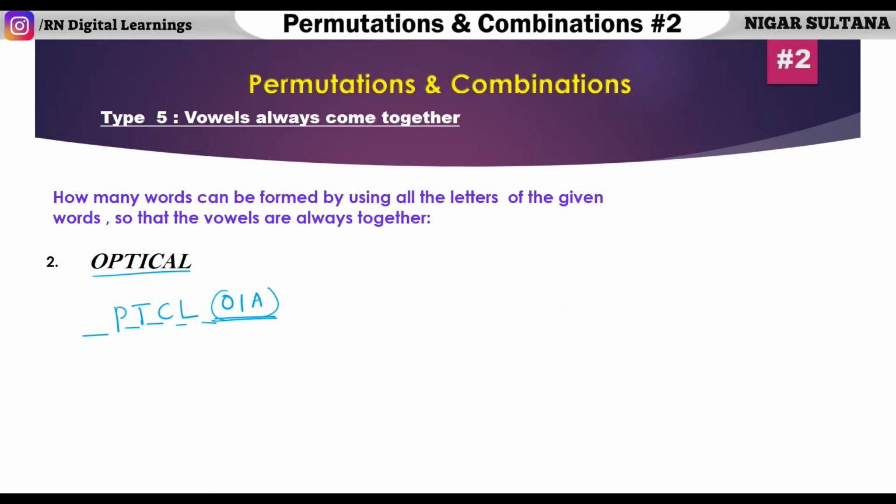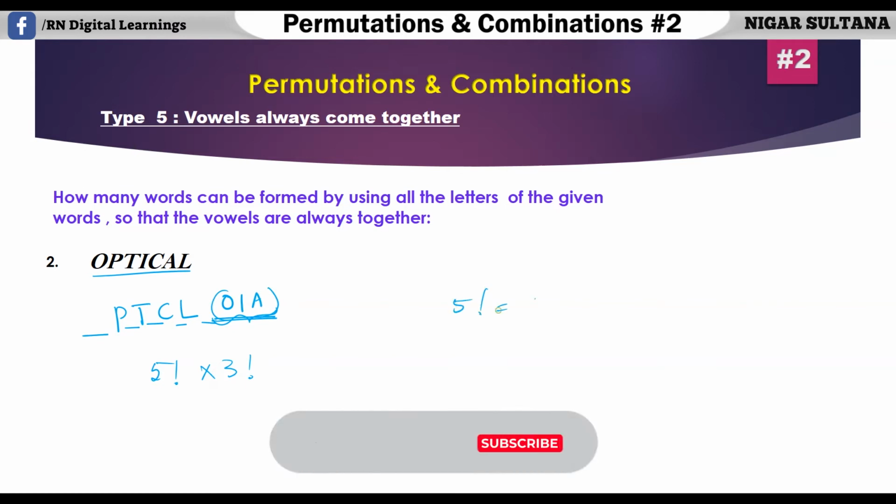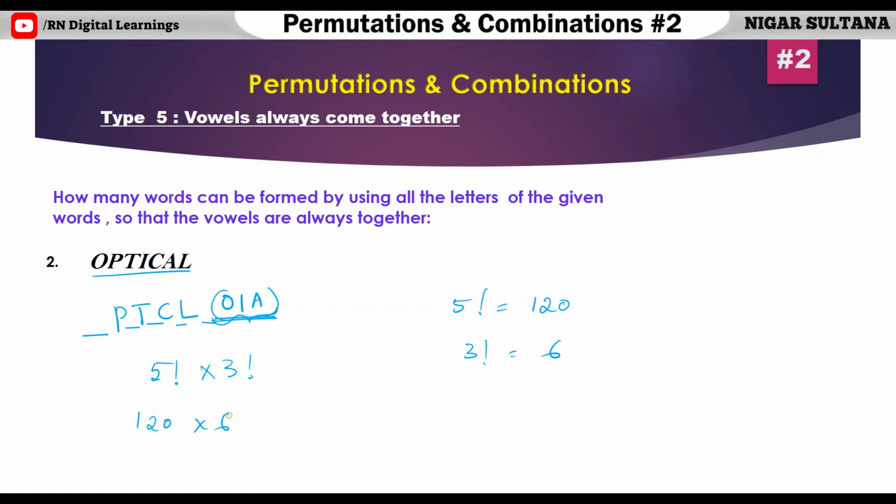So we have 5 ways, 5 factorial, into, how many letters are there? That is 3, this is my 3 factorial, right? So what is 5 factorial? It is 120. 3 factorial is how much? 6. Now what is 120 into 6? 6 zeros are 0, 6 twos are 12, 6 ones are 6, 7. So the value of this is 720 ways, right?